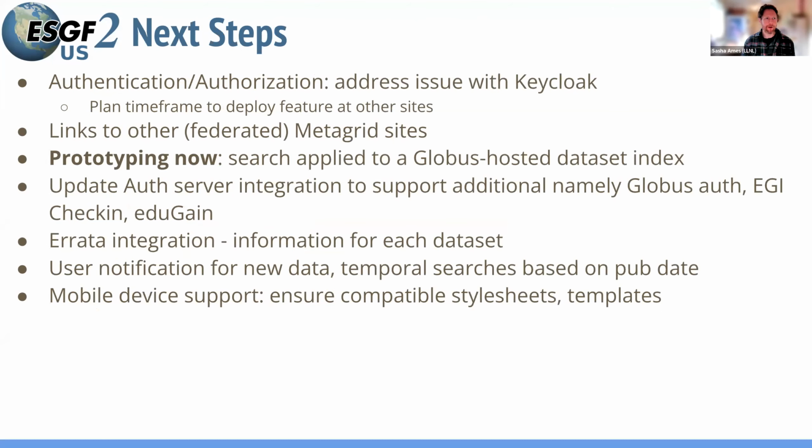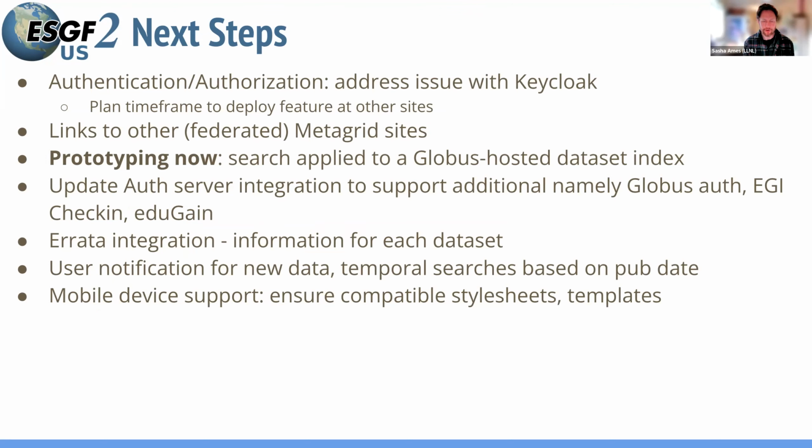So now we'll talk about what next steps are beyond that, the additional features as a future work list. I mentioned token integration; we just have to fix an issue with the Keycloak integration.